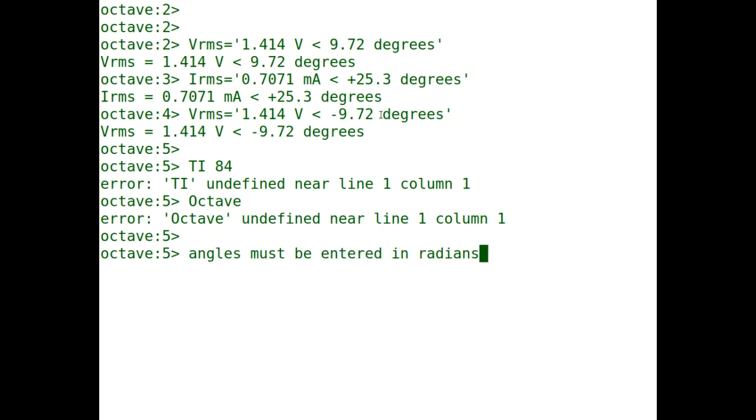But the angle that we had for our impedance, Z, and I'm going to put this, this is just a string, Z was 2.00 ohms at an angle of minus 35 degrees.